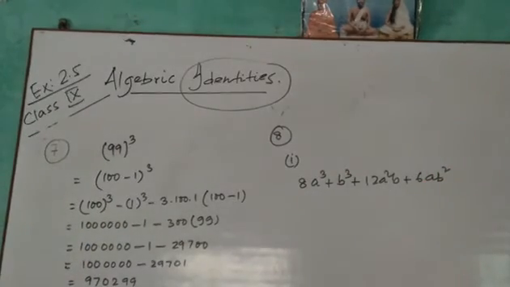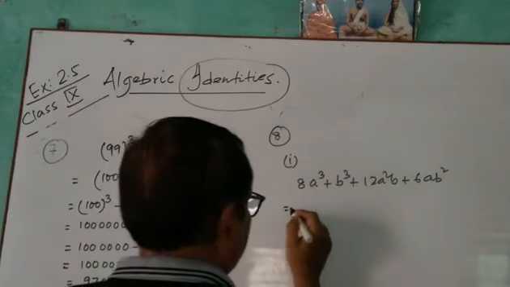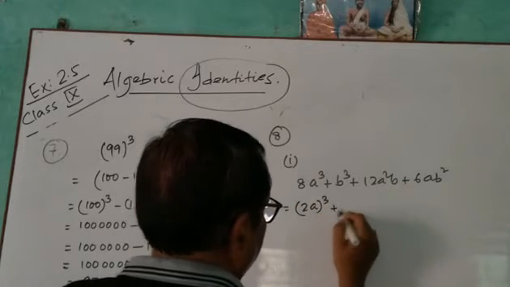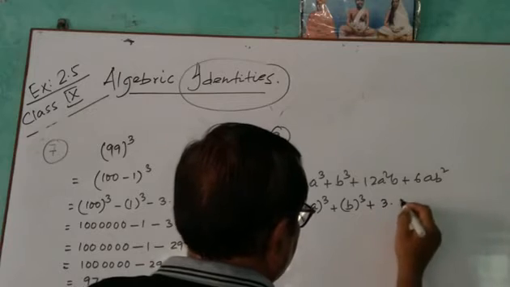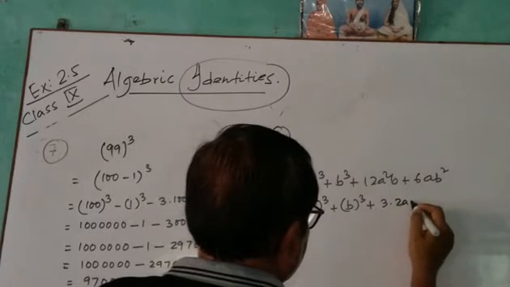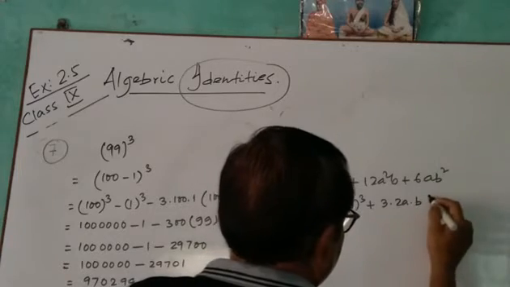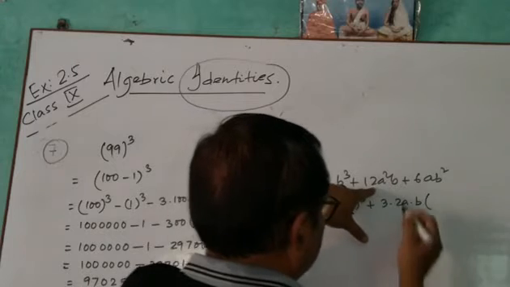Using the a cube plus b cube plus 3a square b plus 3ab square formula, you can say it as 2a whole cube plus b whole cube plus 3 into 2a into b. That means 6ab you take as common from the last two terms.